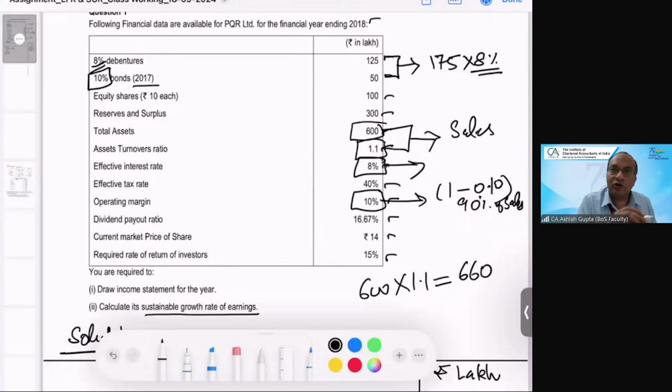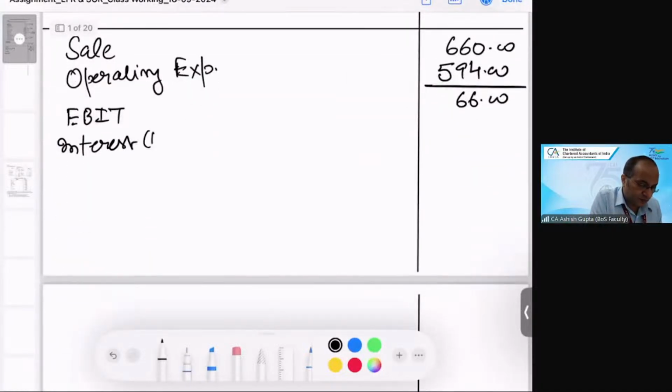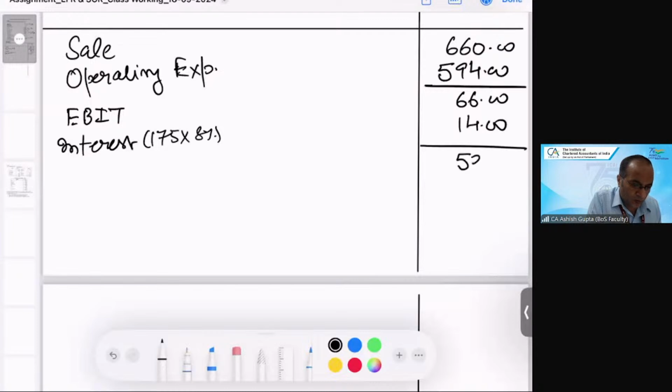I will discuss the logic with you. Just have patience for 2 minutes only. So what I do, I compute this figure 175 at the rate of 8%. The figure comes, so this will be profit earning before tax.